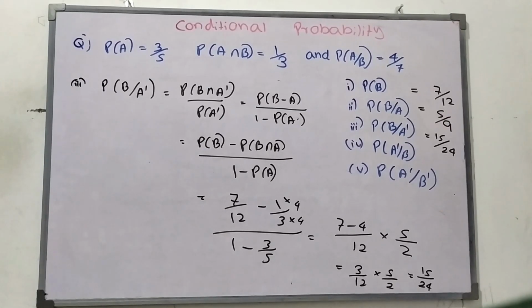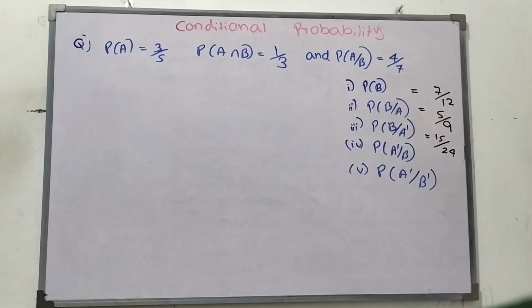The next one, P(A dash over B). How to find that?